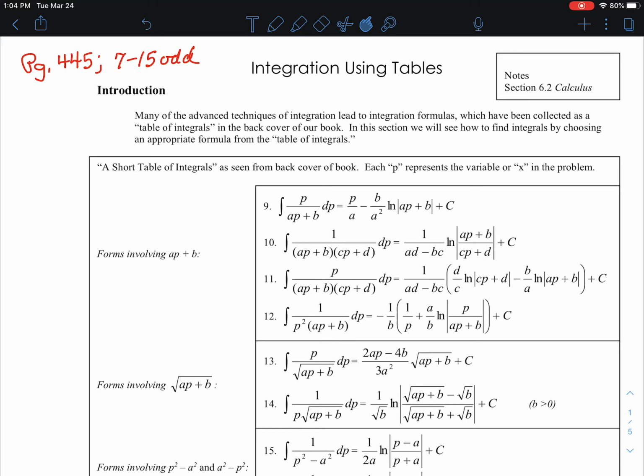We started with 3 basic formulas, and then we looked at how integrating by the U substitution allowed us to integrate some more complicated formulas. And then last week we looked at integration by parts, which allowed us to integrate even more complicated integrals. And now we're going to end with what's called a table of formulas for integration.